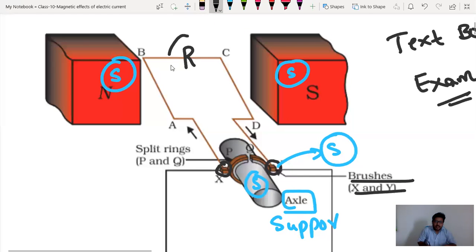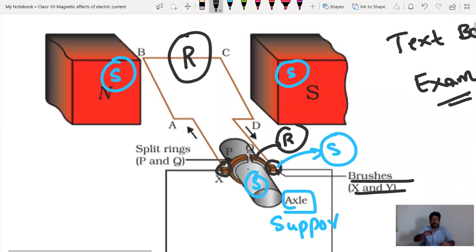Now, what is the rotating part? This armature is the rotor. These split rings are also rotor. Fine. So only two rotors we can find. The first one is this rectangular coil, and the second is this split ring, and everything else will be static.